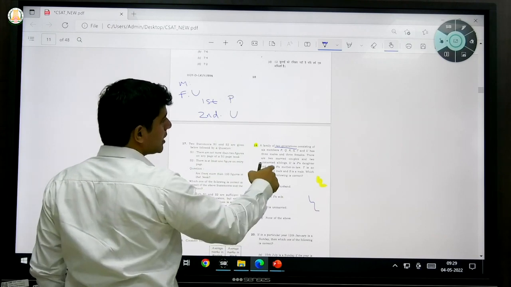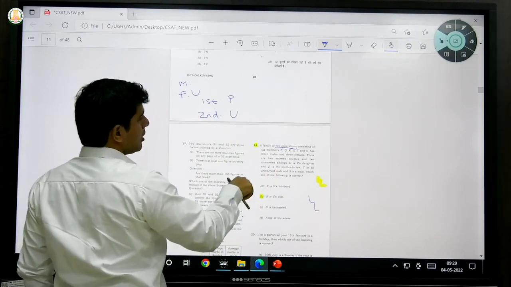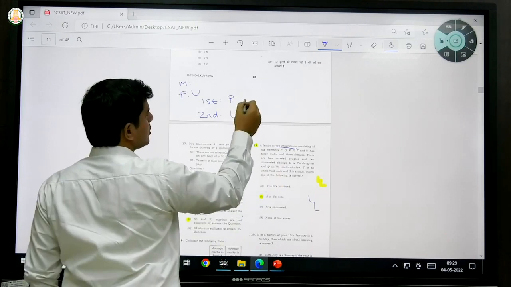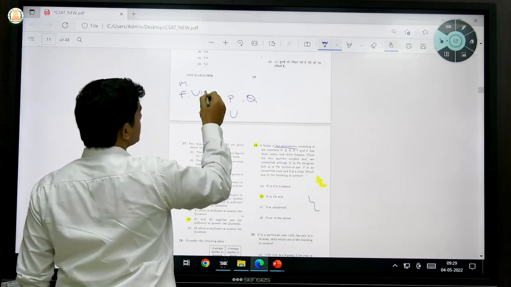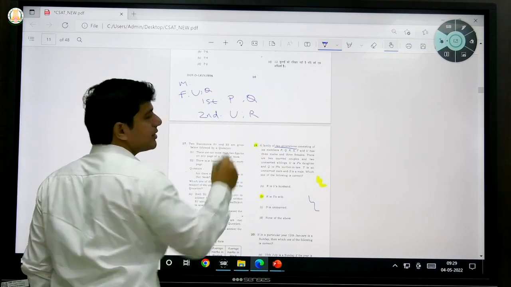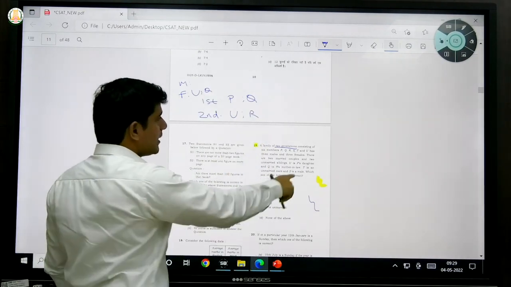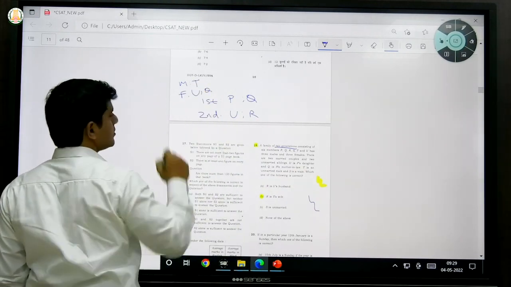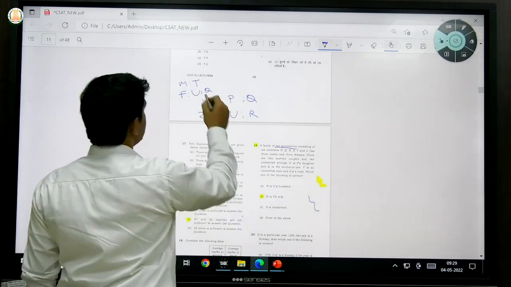Then he's saying Q is R's mother-in-law. So Q is a mother-in-law, which means she belongs to the first generation and she's a female. And R's mother-in-law, so R will belong to the second generation. T is an unmarried male, so T is a male, and S is a male, he is saying.